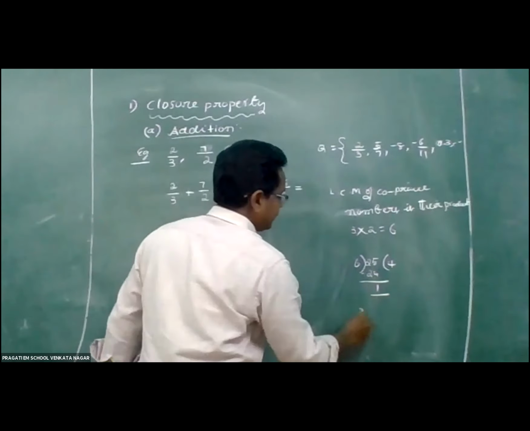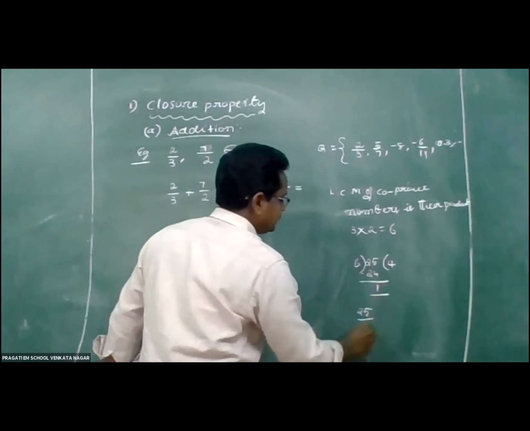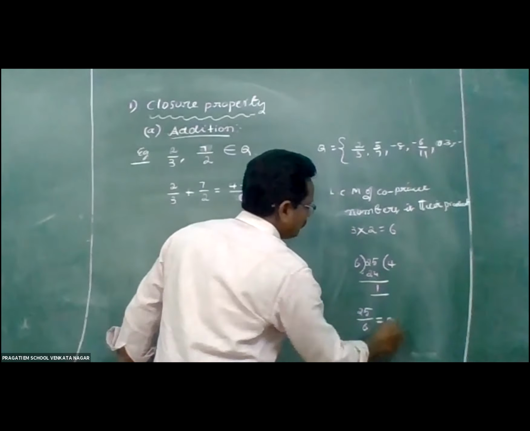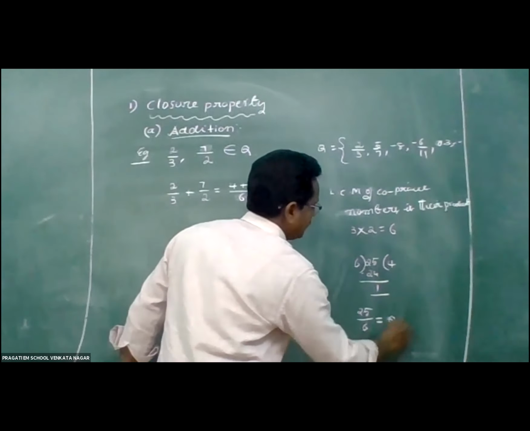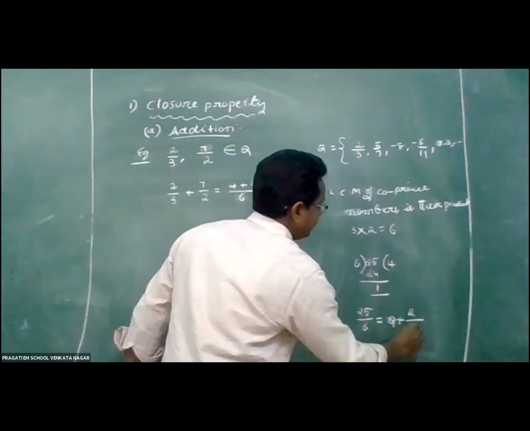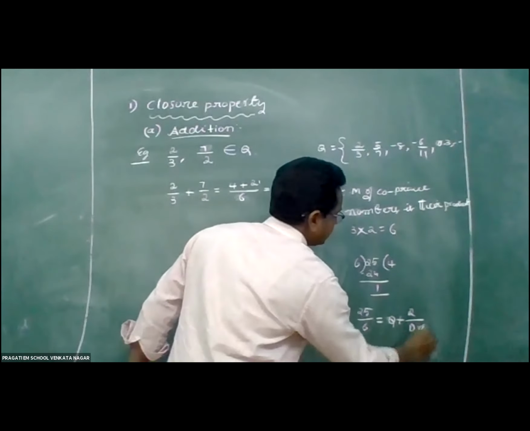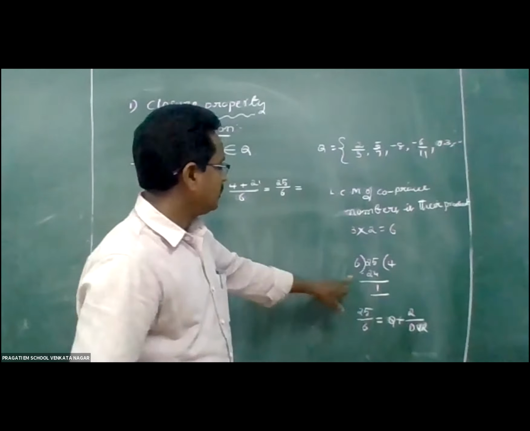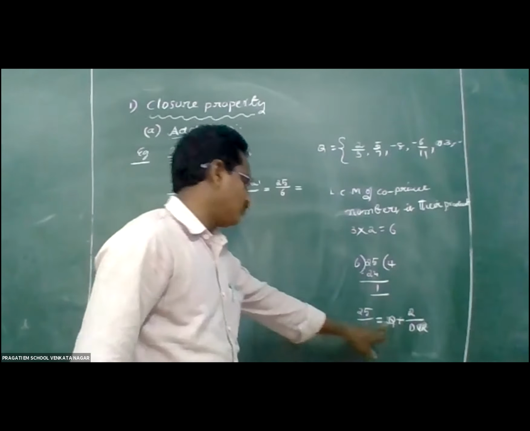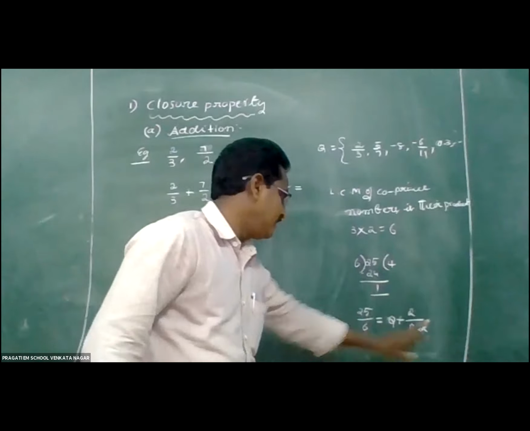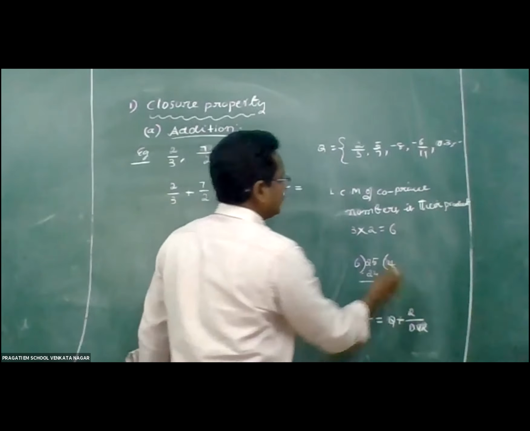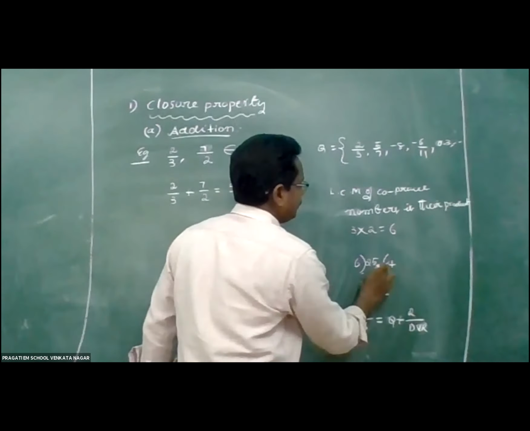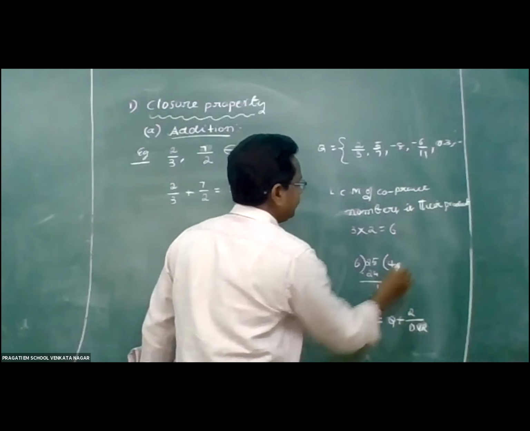Now it can be written as 25 by 6 is equal to, here see, quotient plus remainder by divisor. See children once, here 25 by 6 can be written as quotient plus remainder by divisor. It can be written as quotient 4, remainder 1.